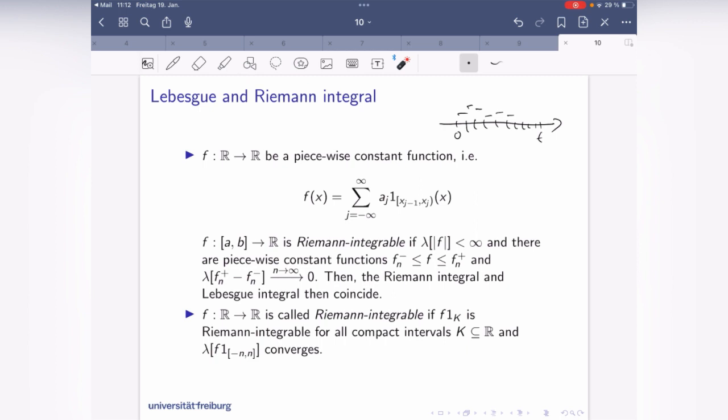So that's a piecewise constant function and the integral for this. And the general function is Riemann integrable if its absolute value is integrable to something finite. And there are piecewise constant functions approximating this from below and from above, f_n minus and f_n plus.